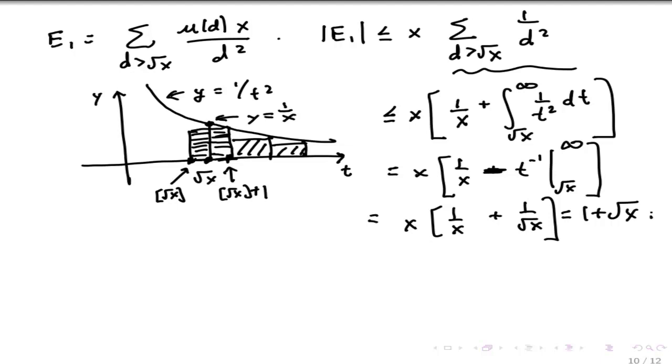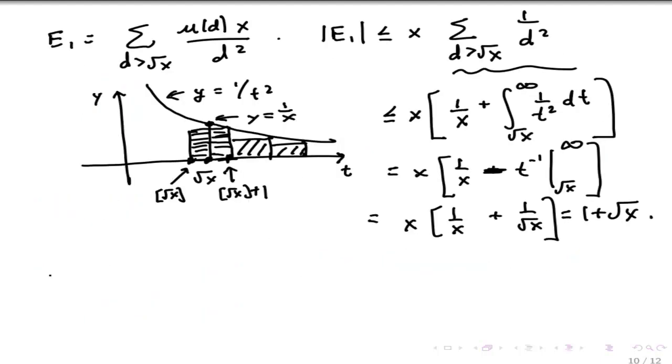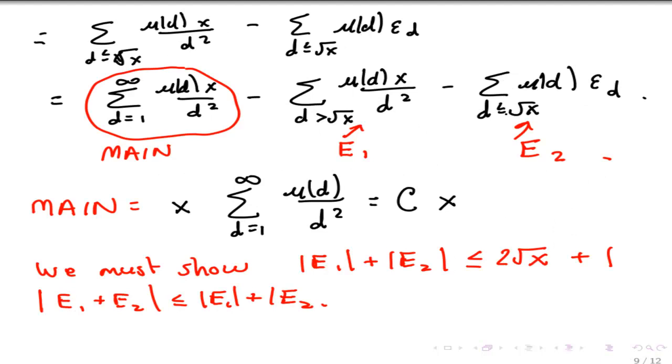And then for the second error term, we've got E2 is right here. Well, that's even easier to bound. So we've got the sum over d less than or equal to square root of x of mu of d, epsilon d.